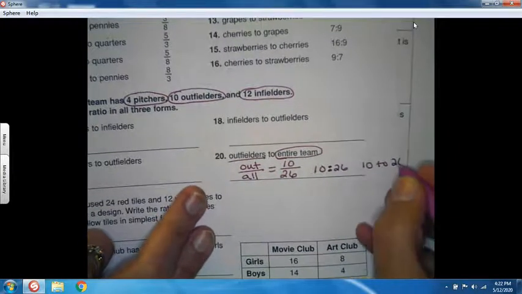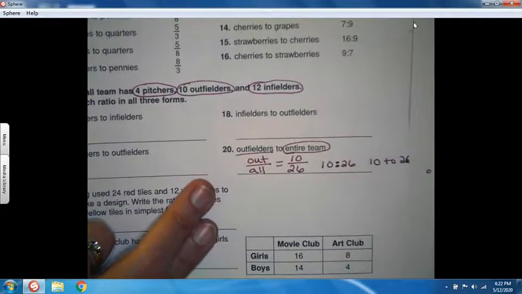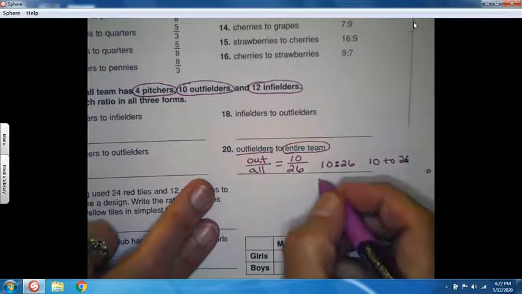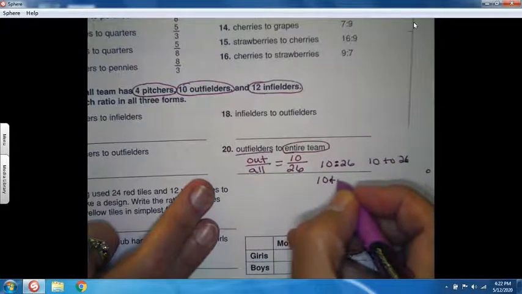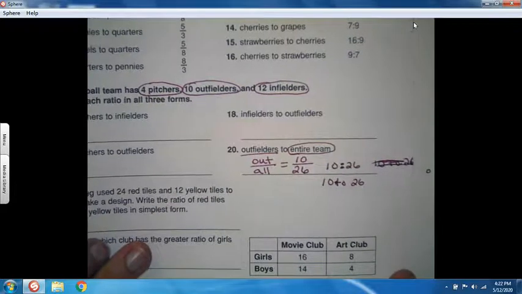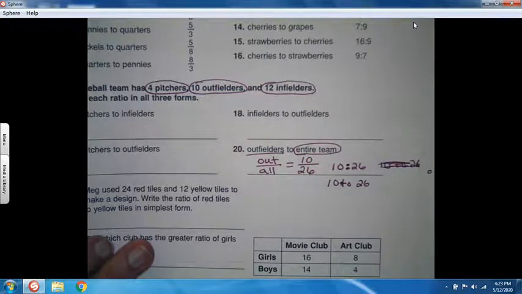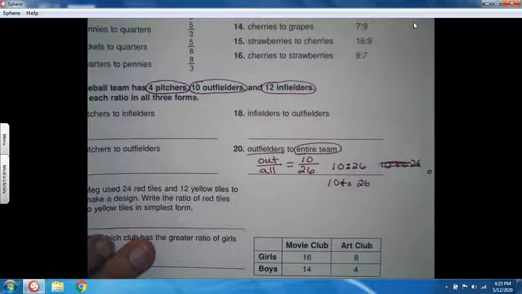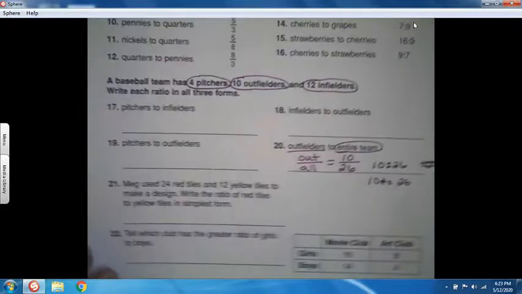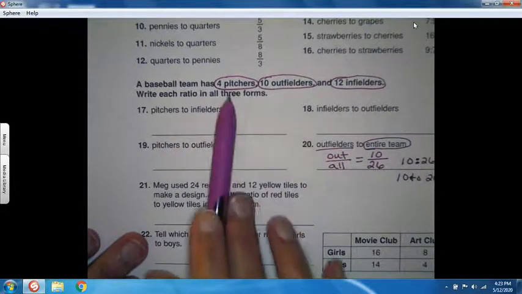Went onto my other page. There we go, 26. Hopefully you can see that. I should have just put it down here. So 10 to 26. Let me just cross that. Okay. Questions on that? Hopefully not. If you have questions, come to Zoom or tomorrow's science. So you can ask me on Thursday on Zoom, or you can ask me on Google Classroom. Okay? So then 17, 19, and 18, you'll use this information.